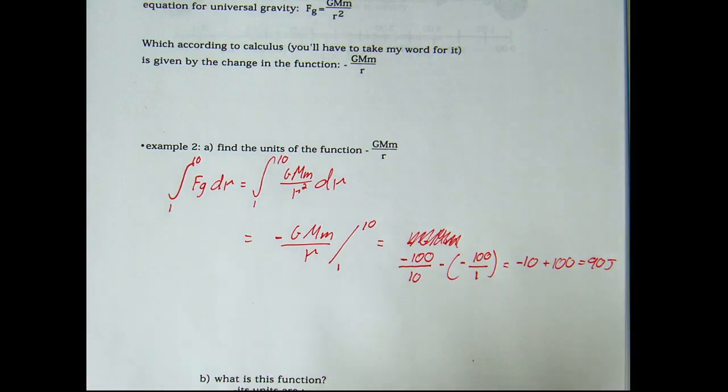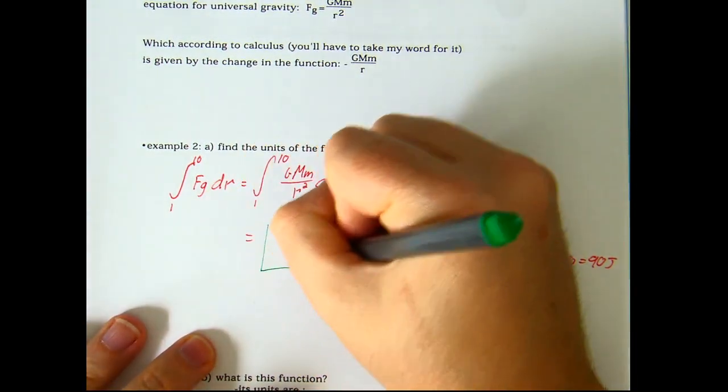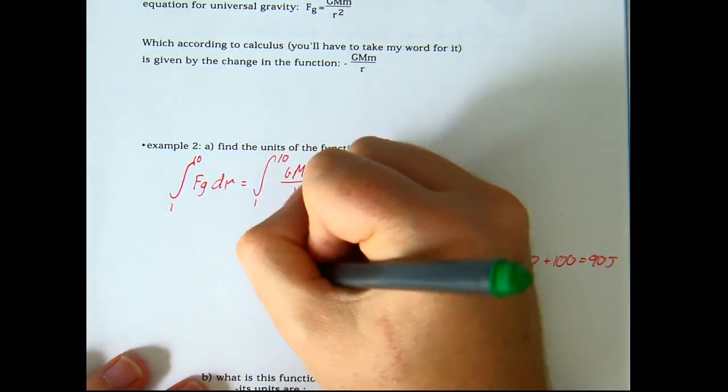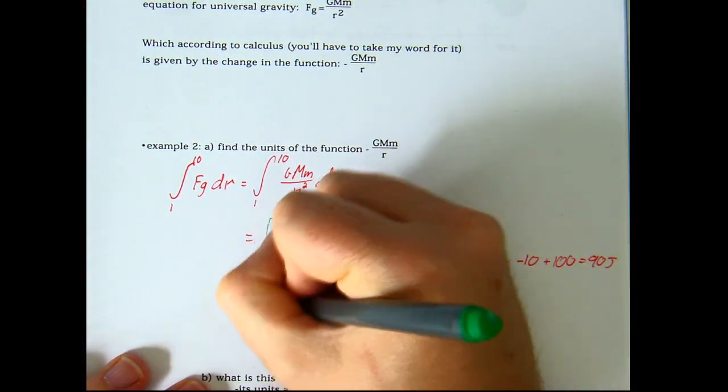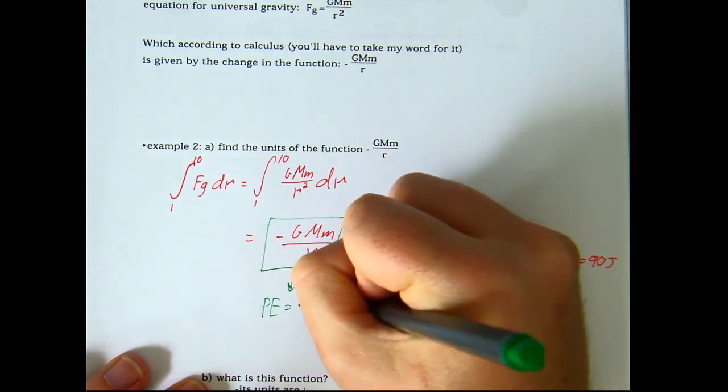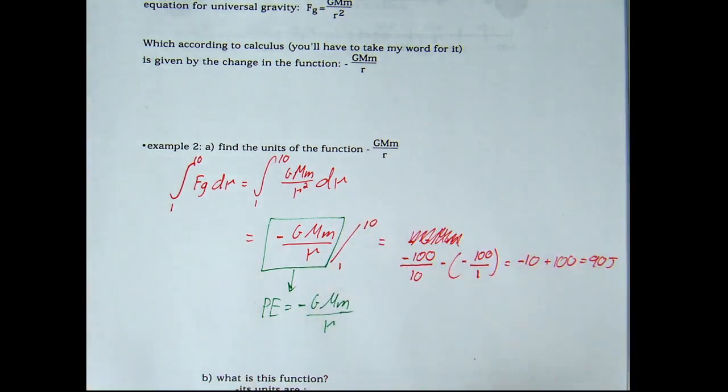The other really interesting thing here is that the integral of Fg is where the gravitational potential energy comes from, negative GMm over r. If you haven't seen calculus before, that's not necessarily going to be super obvious.